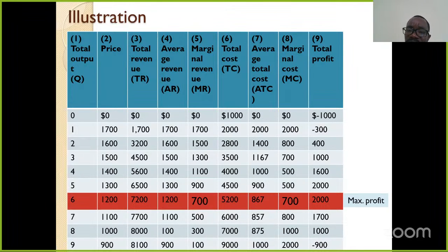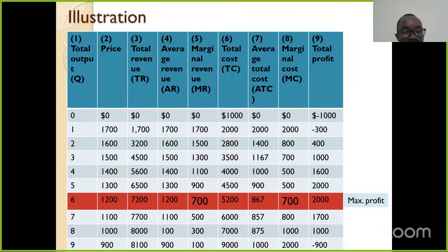Then in column 9, we have total profit. So as you can see in column 9, at first we are not making profit. There's actually a loss of $1,000. Then at first production and first sale, we have a loss of $300. Then we start making profits from second production, $400, 1,000, 1,600, and 2,000.